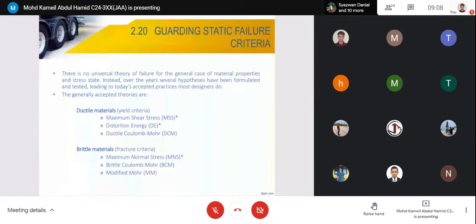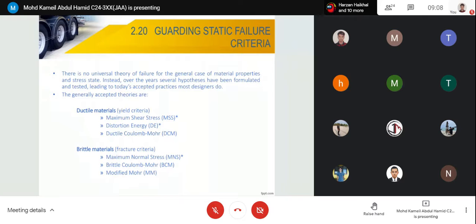We are going to focus on ductile material. Ductile material is going to yield first. So there are actually only two theories for ductile material: MSS, maximum shear stress, and distortion energy theory, DET.